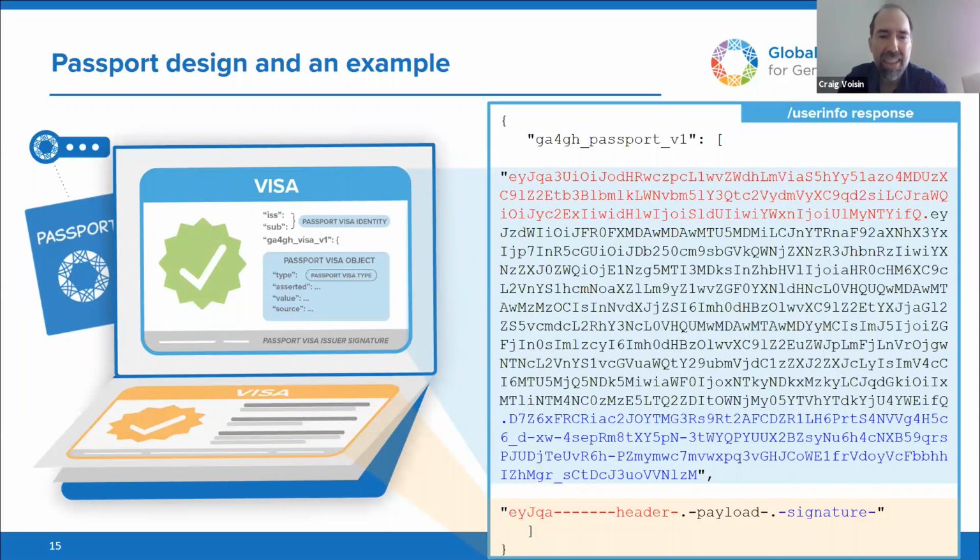But again, it has the different pieces as a long string. And you can see that the pieces line up as a JWT. The first part is the header, which contains certain information that we'll get into later. The middle part is the payload, which is the various different visa object fields along with some other claims. And the last part is the verifying signature. Next.